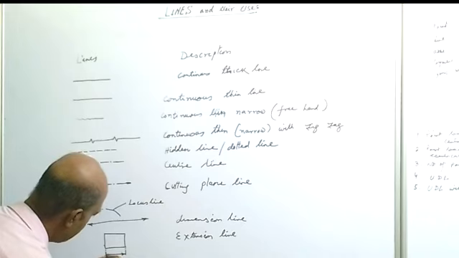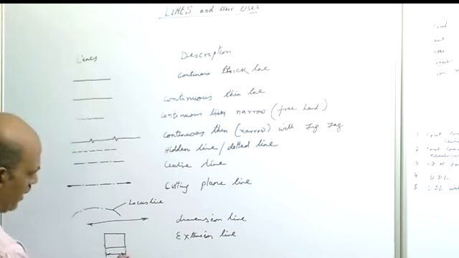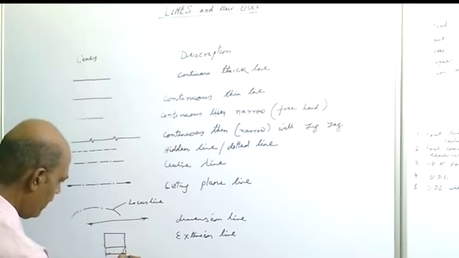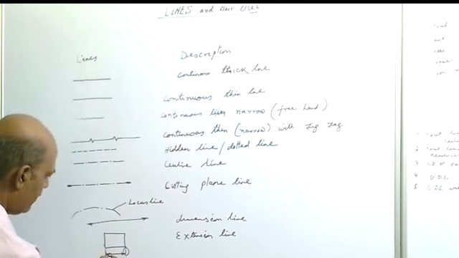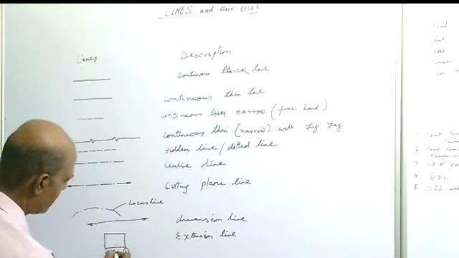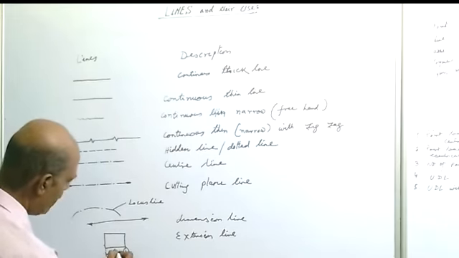The arrowhead is placed at the ends of the dimension line, and the short lines are known as extension lines. The dimension, say 40 millimeter, is placed over the dimension line.